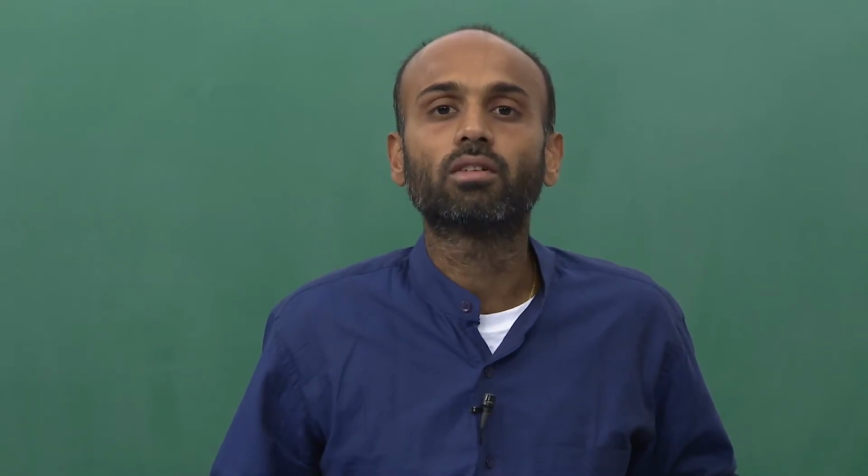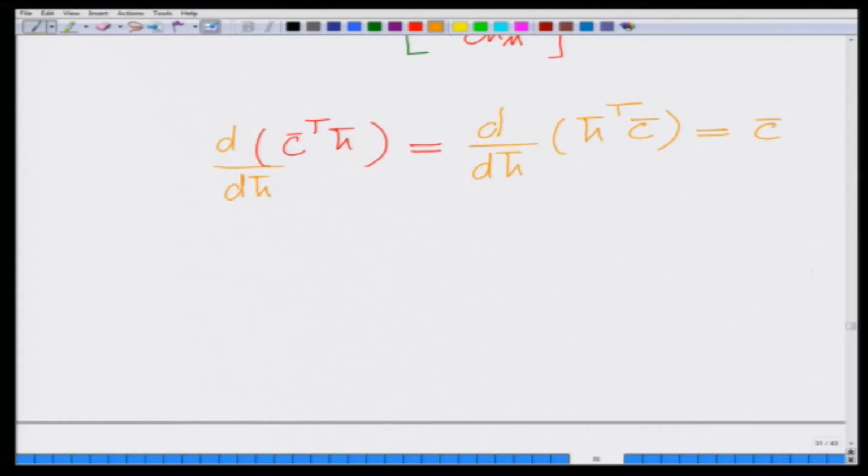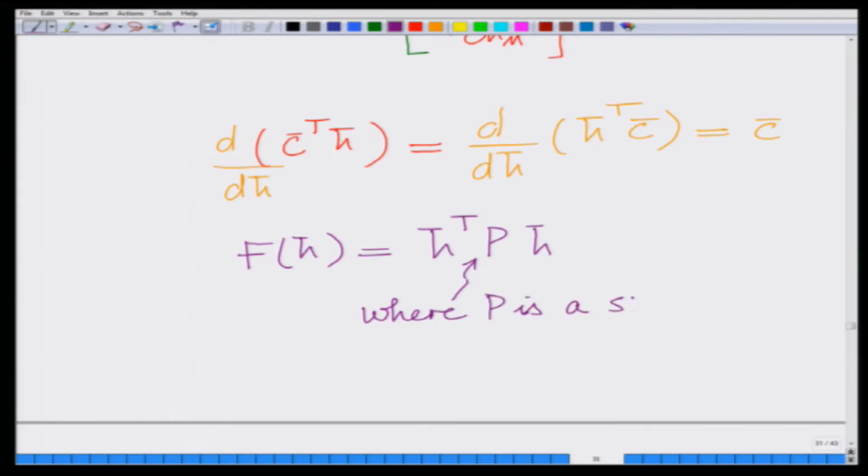Now, let us look at another function which is termed as the quadratic form, and this is given as follows. If I have a vector h bar, the quadratic form is defined as f of h bar equals h bar transpose P h bar, where P is a symmetric matrix, that is P equals P transpose.